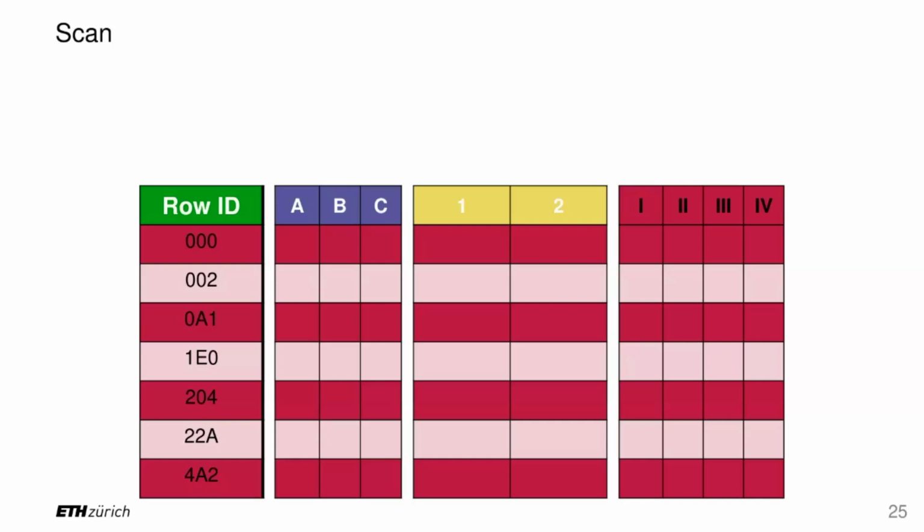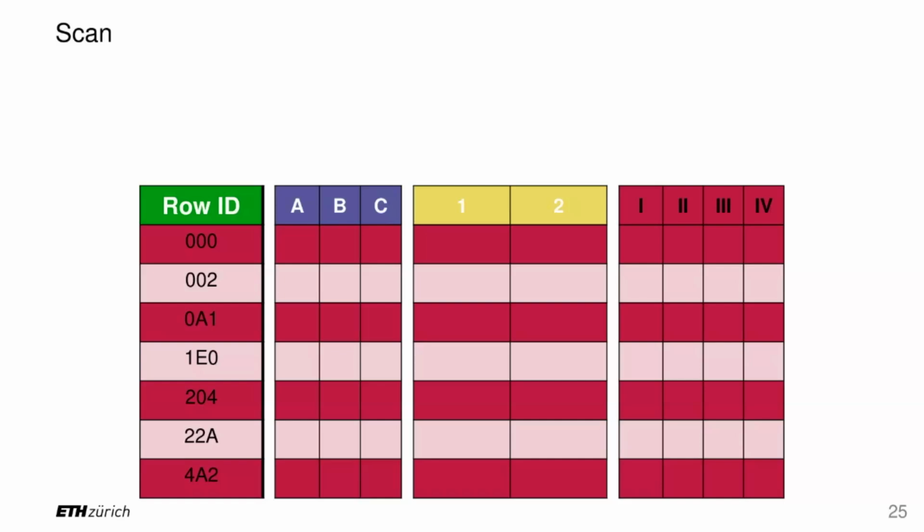Scan allows you to look at a bunch of data across multiple rows and multiple column families. Right? So you could say, scan everything between 000 and 4A2 for all column families. So typically you do it in some programming language, right?